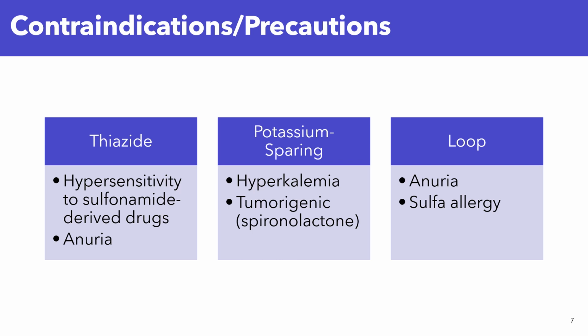Spironolactone, most specifically, was shown to be a tumorigen in chronic toxicity animal studies, so something to be aware of. Loop diuretics are also contraindicated in case of anuria, and there is potential for cross-reactivity with sulfa drugs. Ethacrenic acid, which is one of the loop diuretics, has no cross-reactivity to sulfa. So if you're looking for a loop diuretic that has no cross-reactivity to sulfa, that would be the option.